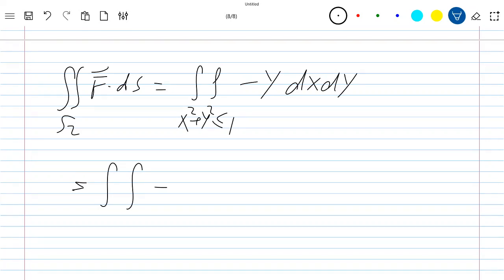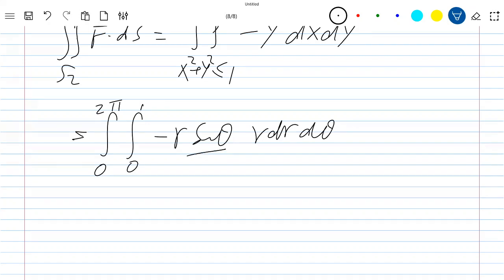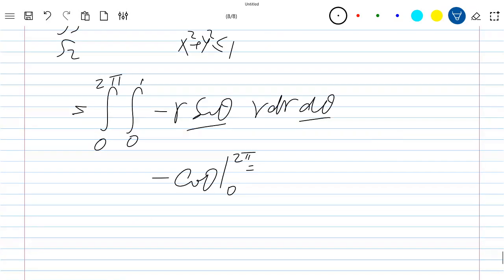So this is negative r sine theta, and r dr d theta, and r is from 0 to 1, and theta is from 0 to 2 pi. And you can see sine theta times d theta would give you cosine theta, and that's once again 0.